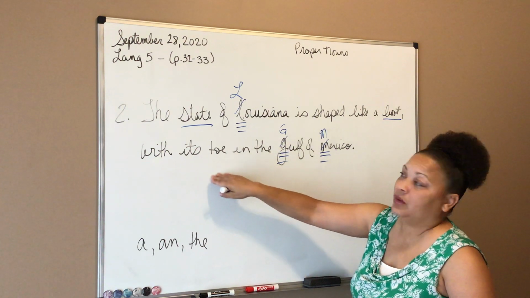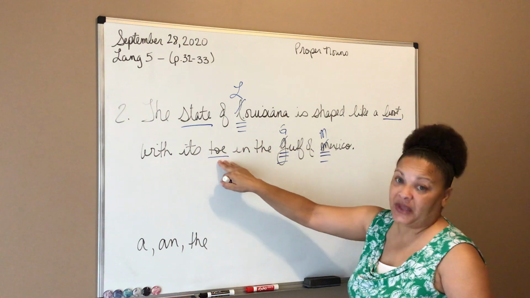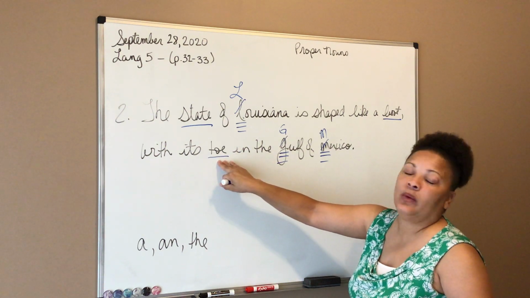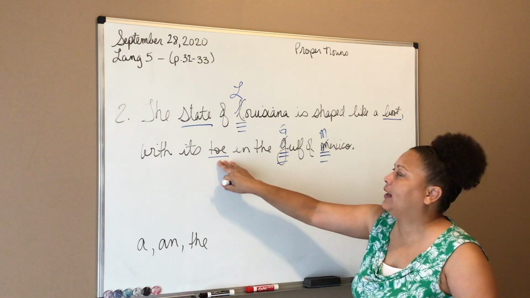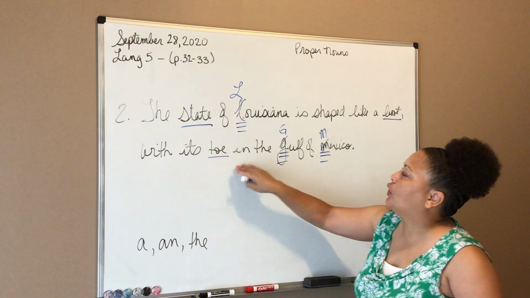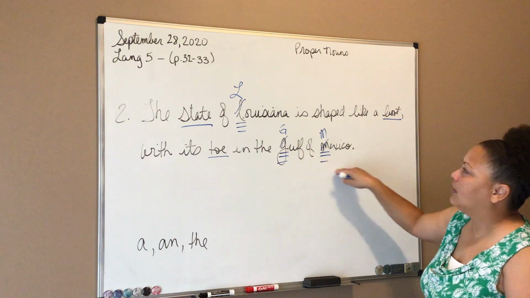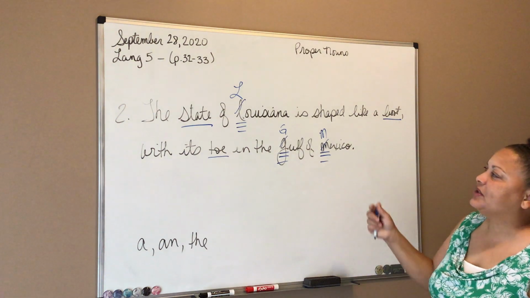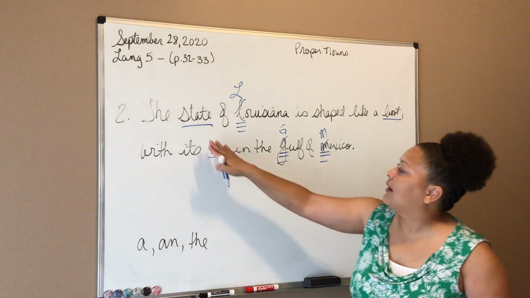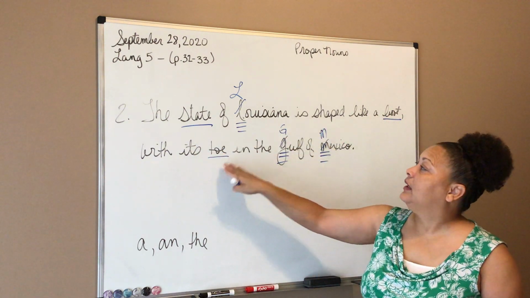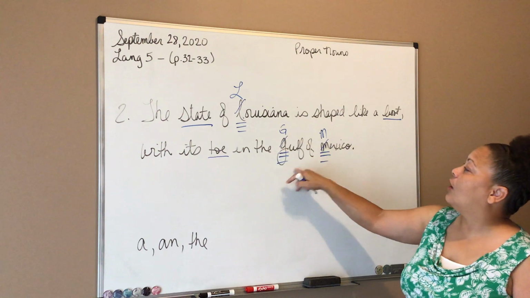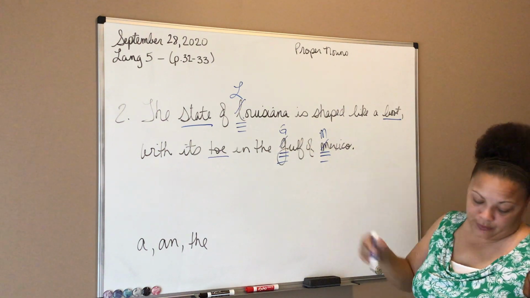Is it the name of a toe? No, but it is a thing, right? Always go back and check your sentence so that you don't leave any points on the table, okay? All right, with its toe in the Gulf of Mexico. So this is what your sentence should look like when you're done. You have state, boot, and toe that are common nouns, and you have Louisiana and Gulf, Mexico that are proper nouns.